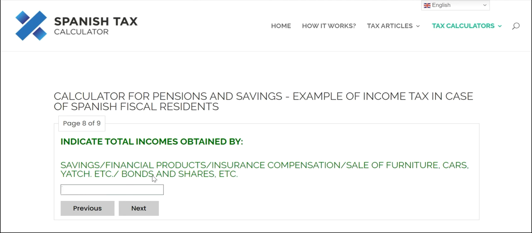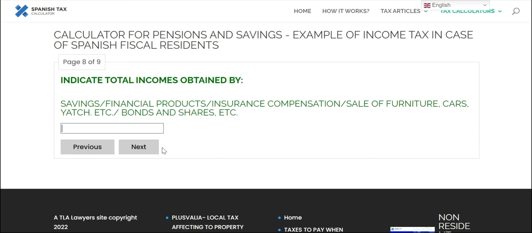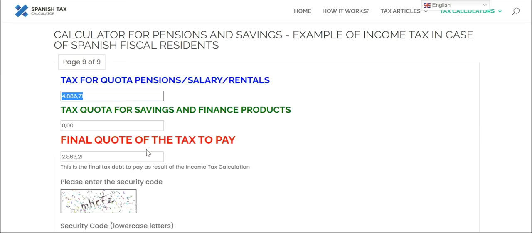Remember that this simulator is in case that you are a Spanish resident and you have the obligation to declare any kind of earnings or incomes that you receive not only in Spain but in the rest of the world. But imagine that this is not your case. You are not receiving financial products or earnings from shares, bonds, etc. So we move forward. So this is the tax quota that you have to pay for pensions, salary, and rentals.